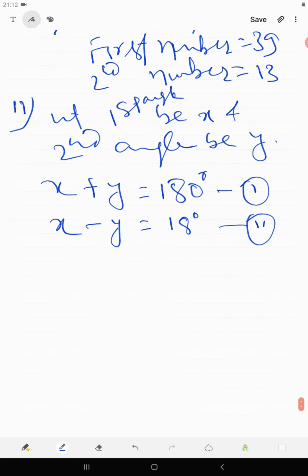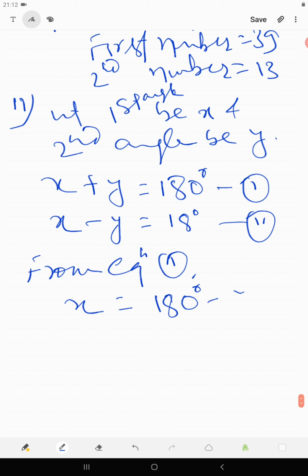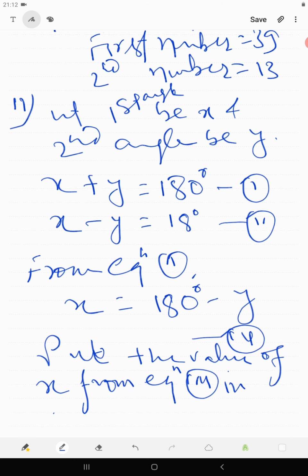Now from equation 1, x equals 180 degrees minus y, correct? This is equation 3. Put the value of x from equation 3 in equation 2.